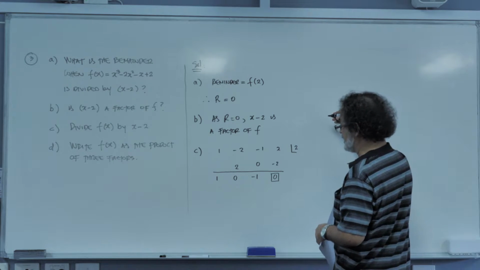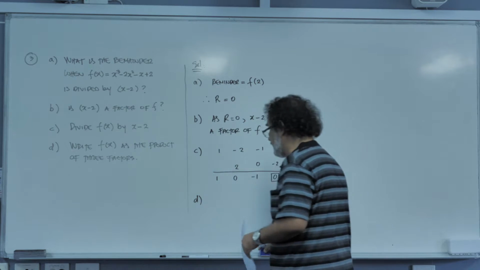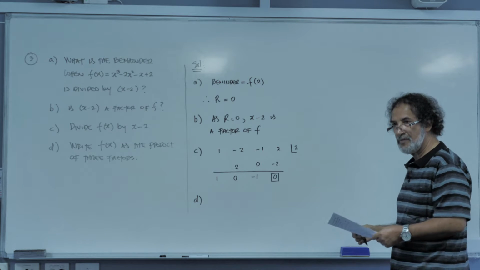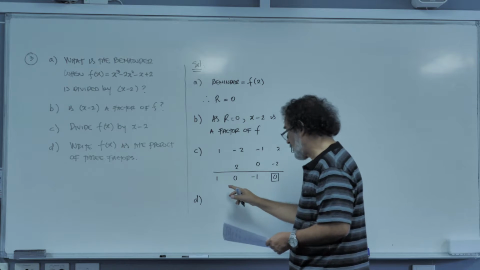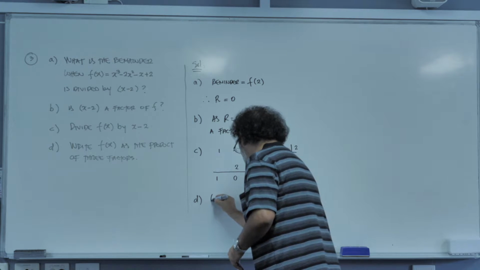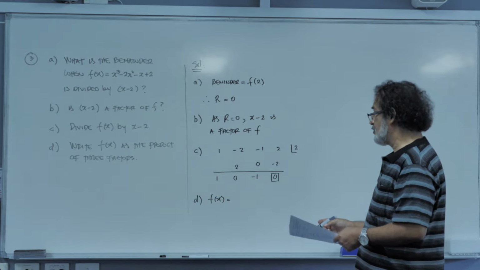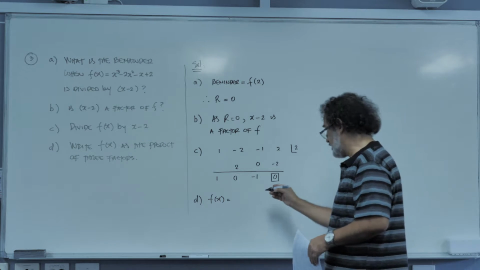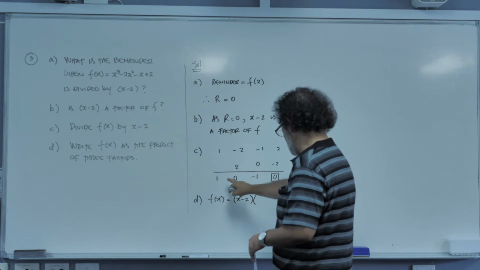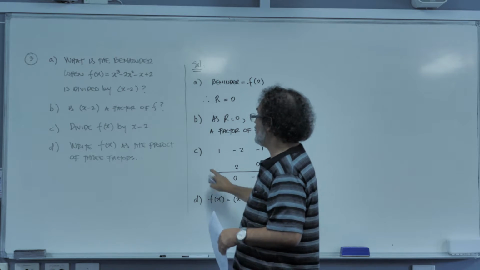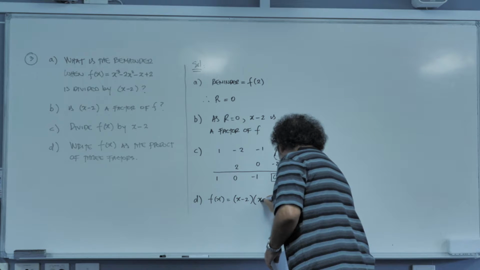And part D is when you have to write this polynomial as the product of 3 factors. So then we're going to say f(x) is going to be equal to the divisor, which is x minus 2, multiplied by, and also remember in here, we went from x cubed, so this is going to be squared, so it's going to be 1x squared.